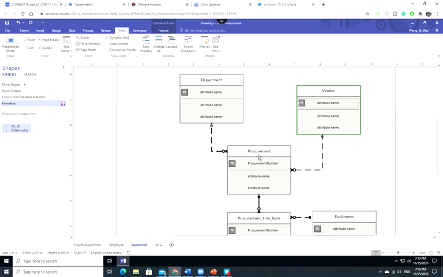And procurement itself, in this case, is strong because that concept is a transaction. It either happens or does not happen. Equipment is also another strong entity. So we have these four strong entities, one weak entity here. And for the weak entity, we usually use the name ID identifying. Actually, the fair way to say it is that ID identifying or ID dependent is the implementation of a weak entity with its relationship.